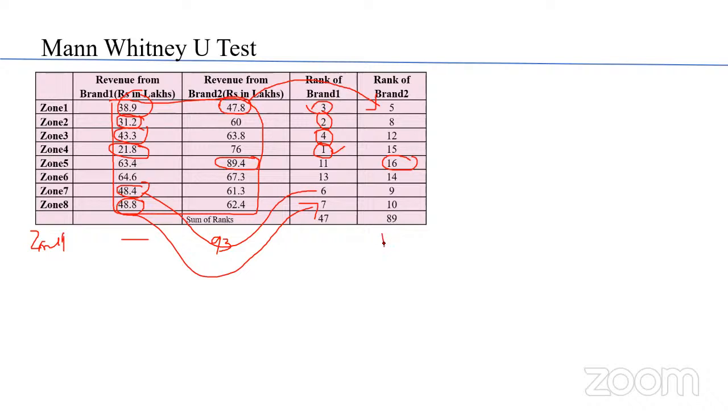So this will become the 17th rank. And assume zone 10 is also there, whose value is 93.8, which will get the 18th rank. We will not get any rank in these two places for brand 1, because whatever data is there, we give rank according to that value and position.